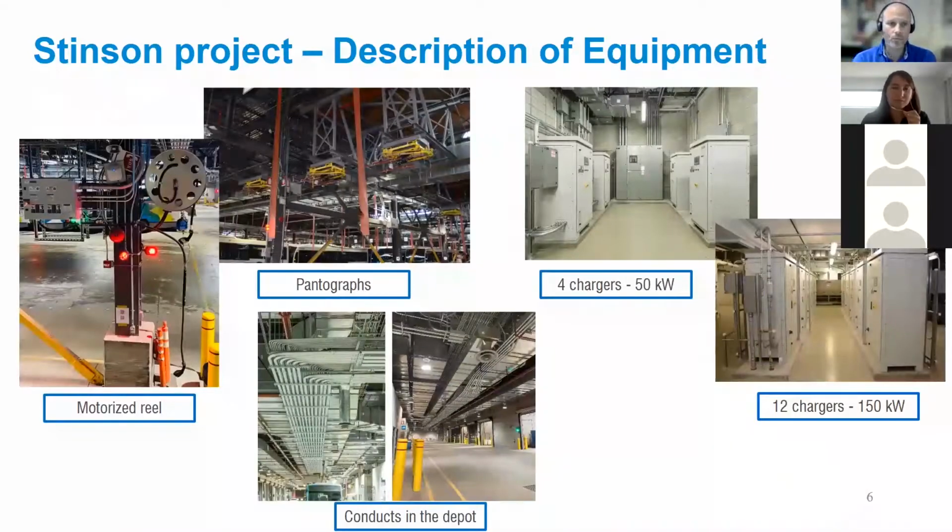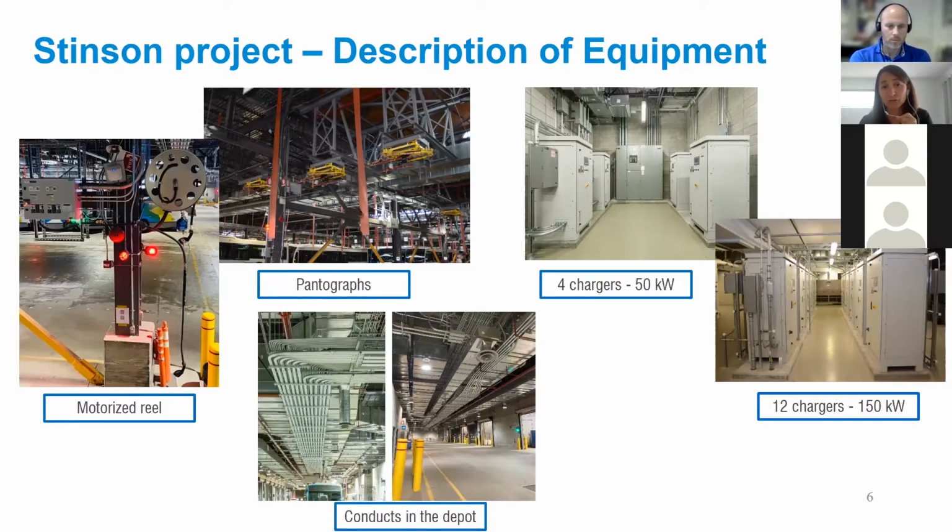It's a pilot, so we are testing different technologies. We're trying a motorized reel. You have a picture here of the reel for the plug-in for the bus. We also have pantographs, as you can see here. And we had to install a lot of conduit and wires in our depot.